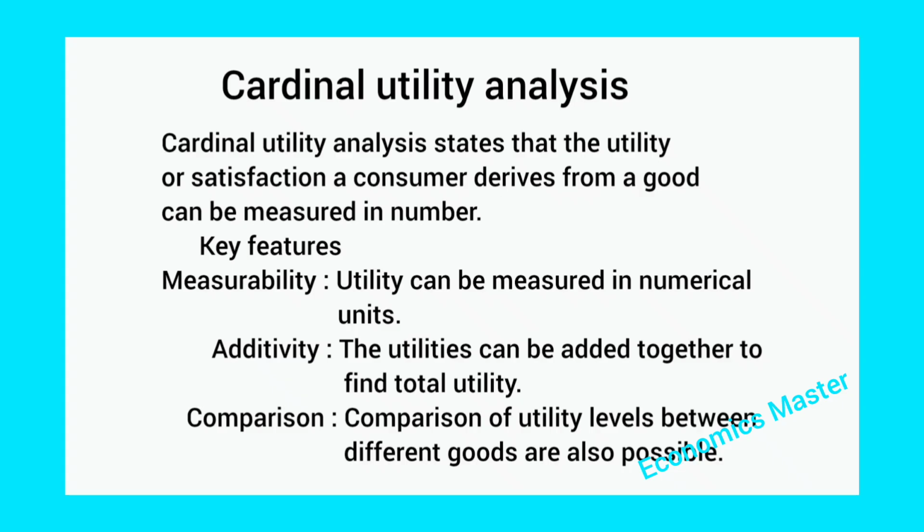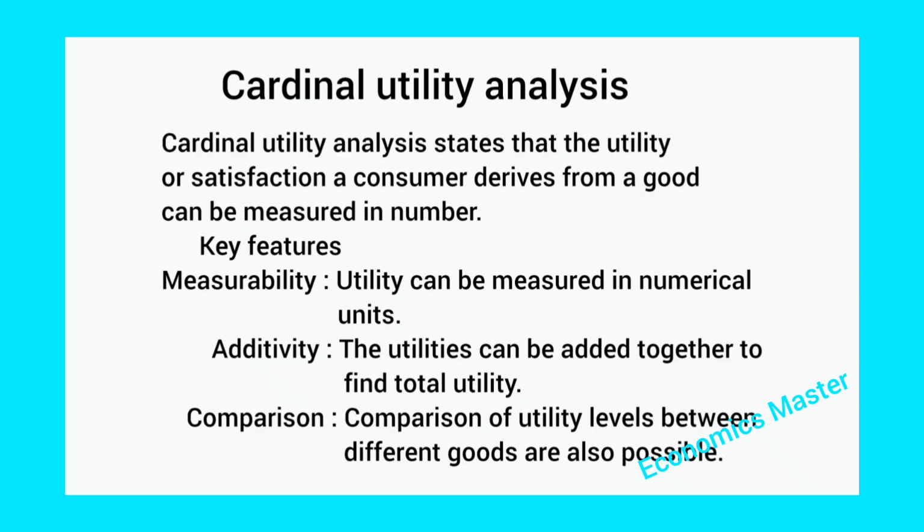The key features are, first, measurability. We already said that utility can be measured in numerical units like 1, 2, 3, etc. The next feature is additivity. All the utilities can be added together to find total utility.